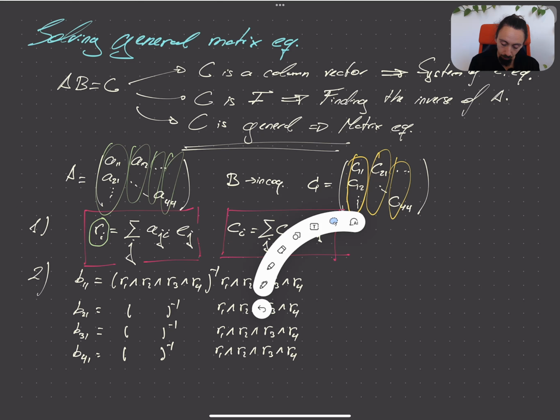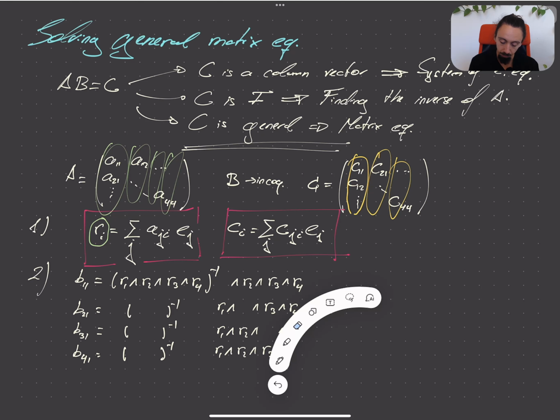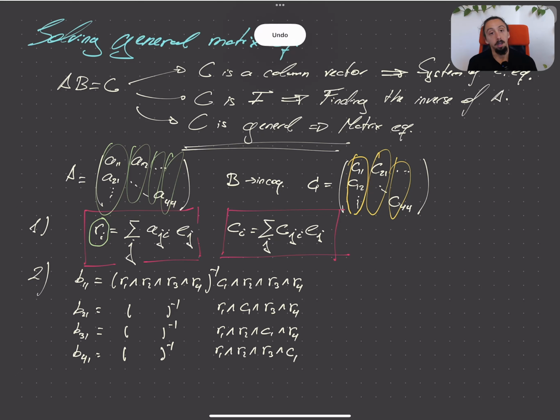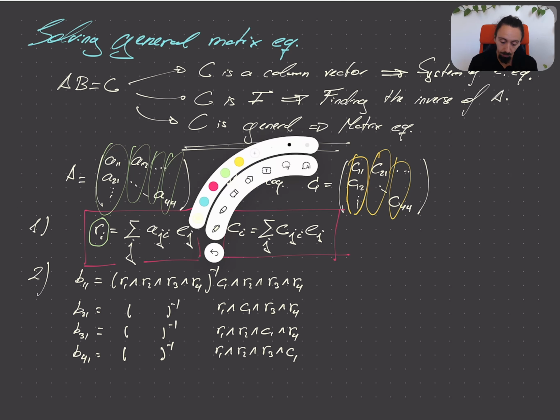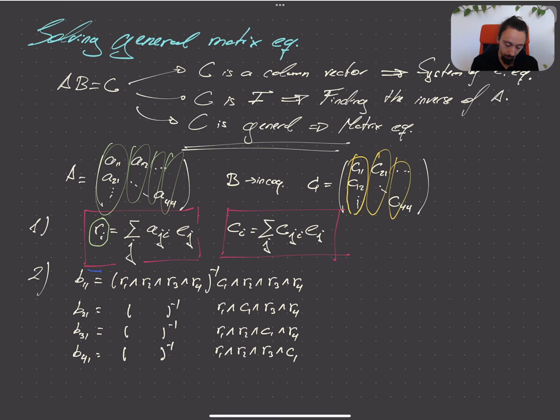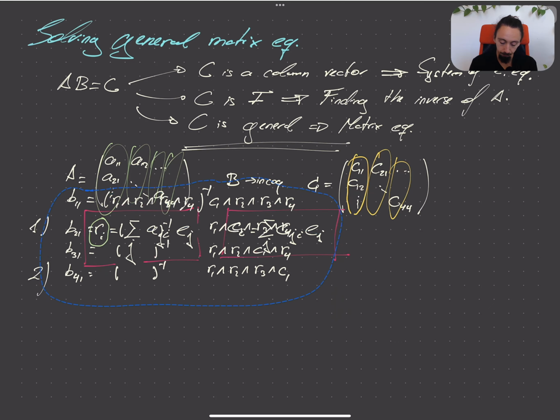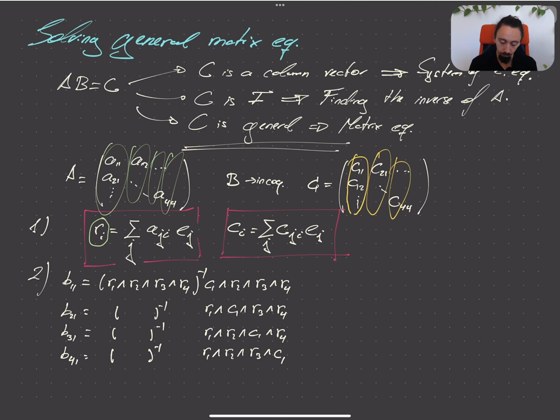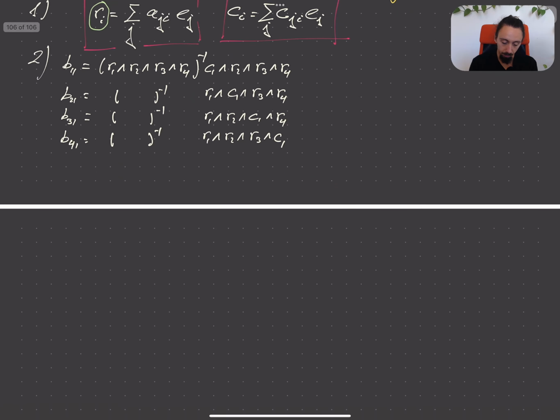And now what we do is we delete the first object, the second object, the third object, and the fourth object. And now we substitute them with C1, C1, C1, C1. And there you have it. These are the solutions for the first column of B. To get the rest of the expressions, we copy all of these, leave it in there, and then paste it here.